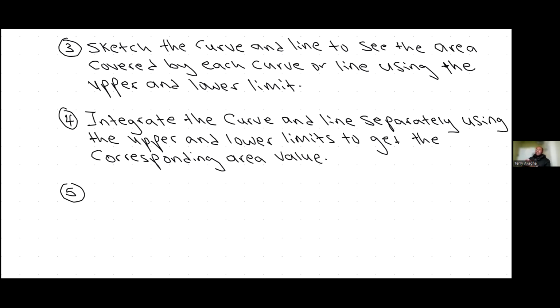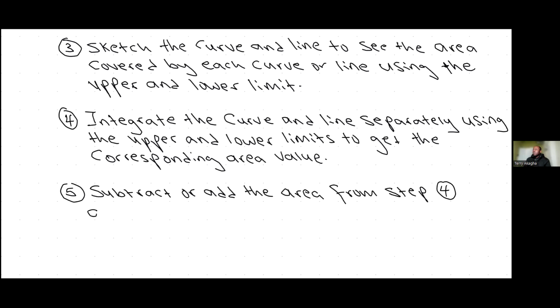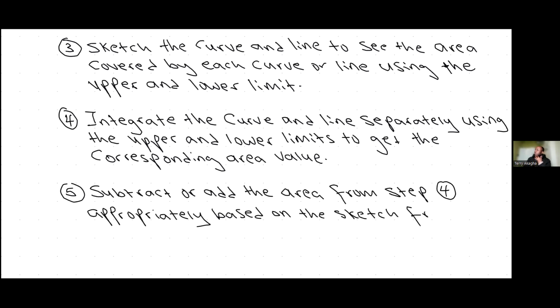So you subtract or you add the area from step 4, appropriately based on the sketch from step 3, depending on what you are given, okay?